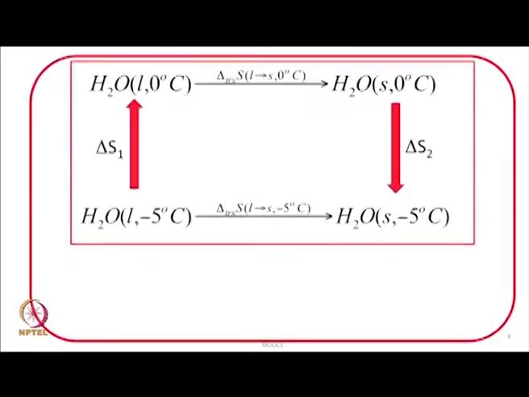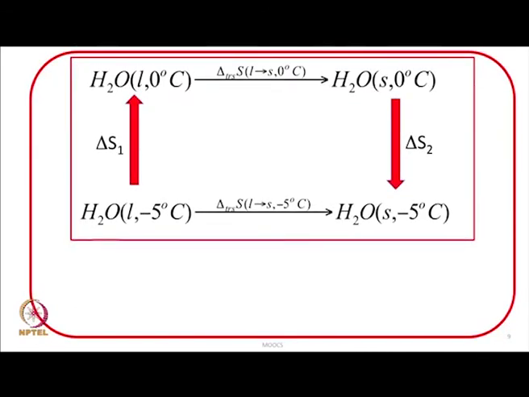Now, how do we calculate it for the surroundings? For the system we have calculated. If you remember, the entropy change in the surroundings is to be calculated from the actual amount of heat transferred to the surroundings divided by the temperature. So, we need to know the total delta H corresponding to the surroundings and the temperature.